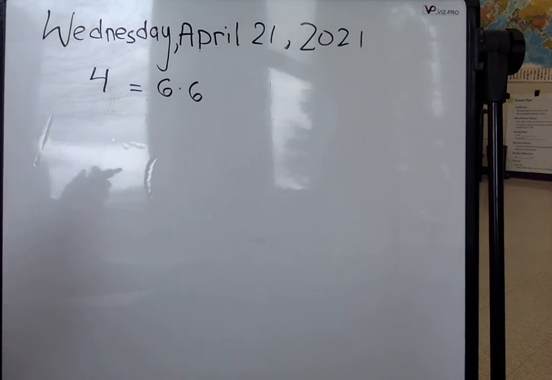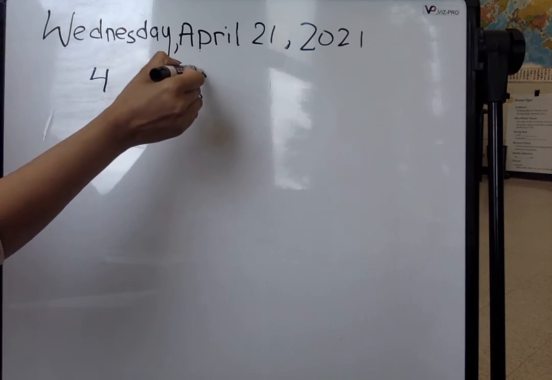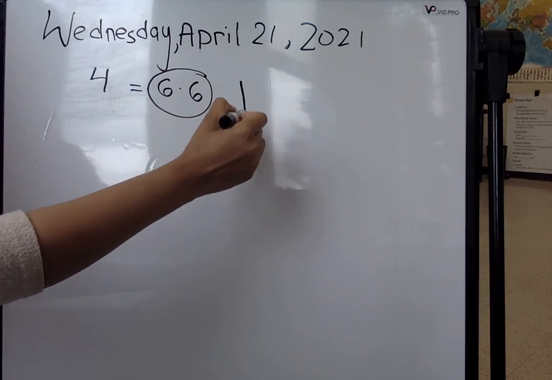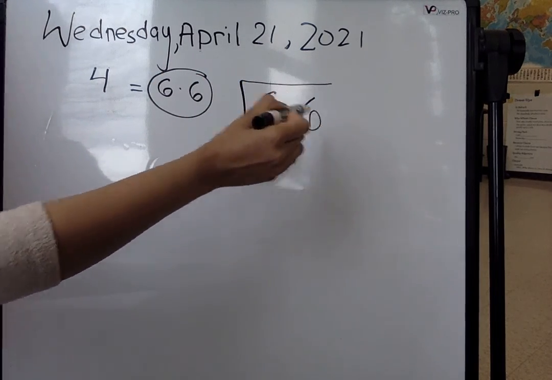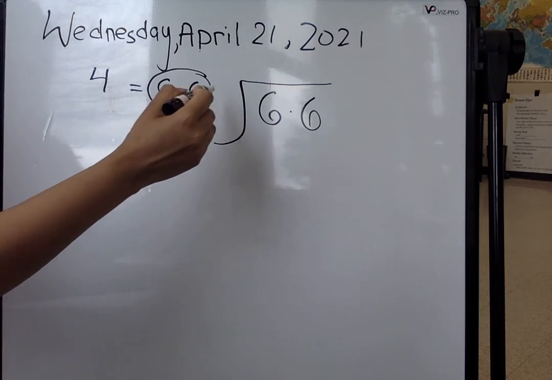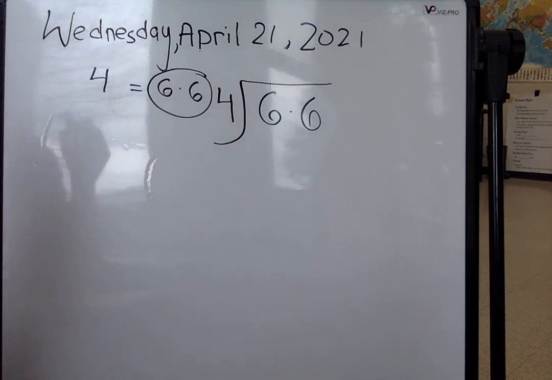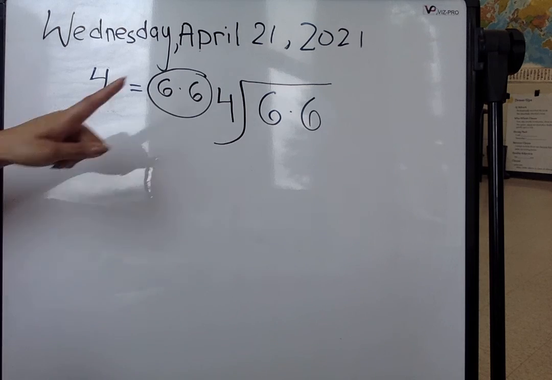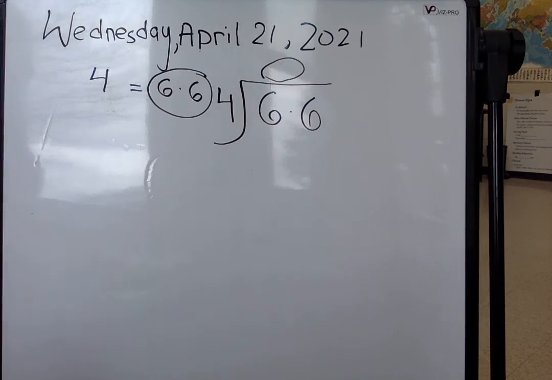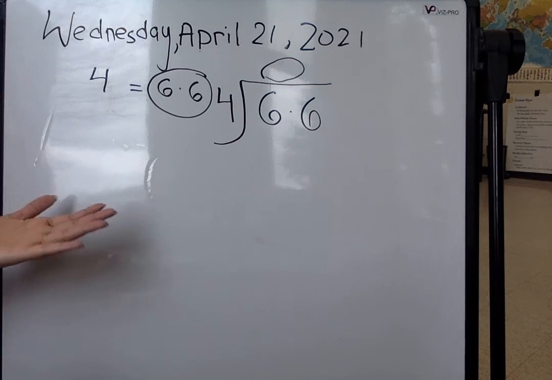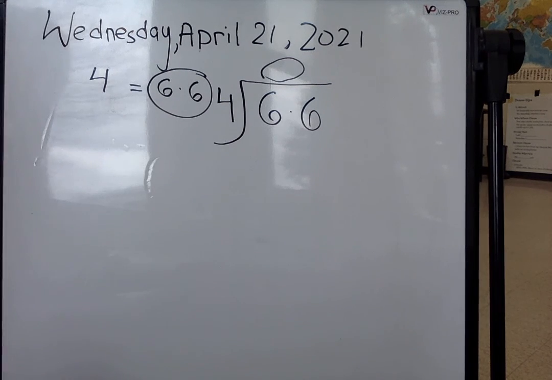So for that, what do you think we need to do? We need to take 6.6 and we need to divide it by 4. And that will give us our quotient at the top, and will tell us how much lace she used for each pillowcase.